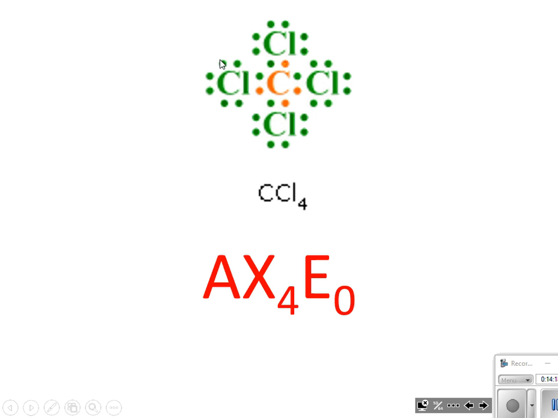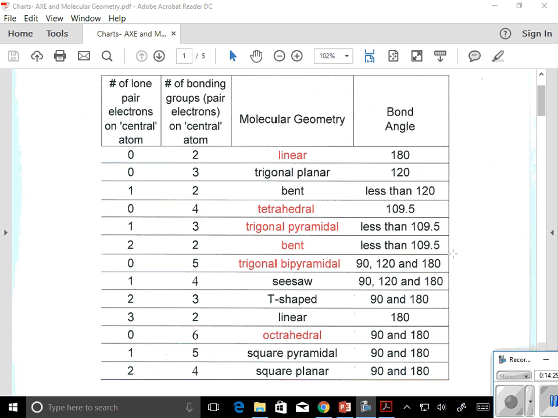Now, what I want you to do, and I'm going to have to find this because I don't have it up yet, give me a second here. First of all, take out that packet that I just gave you. This is the molecular geometry. You may want to highlight the ones that I have up here in red, because yours says that the ones in red need to be known.